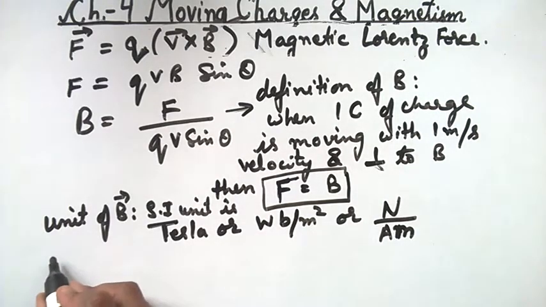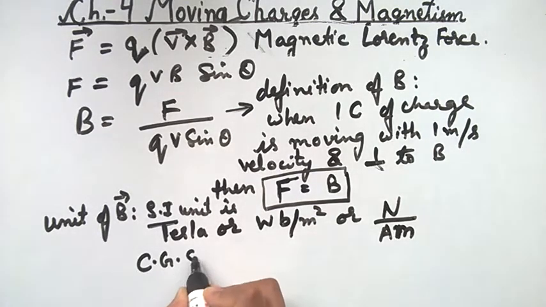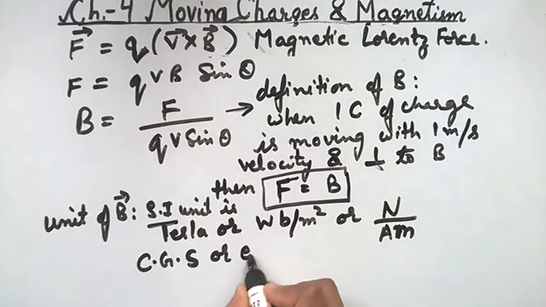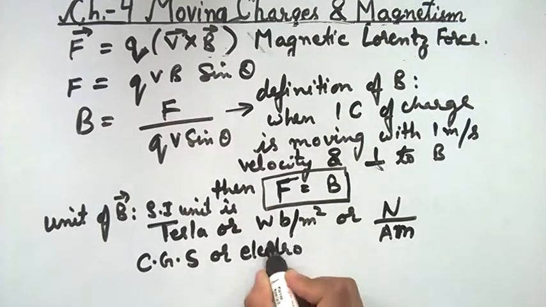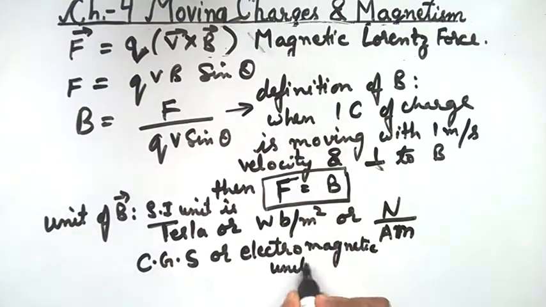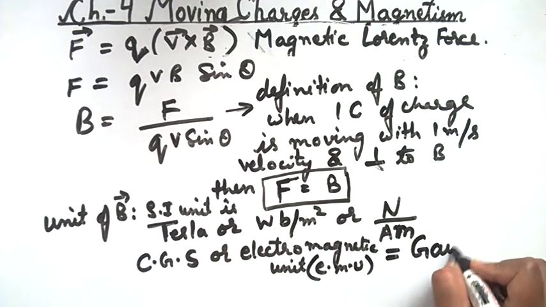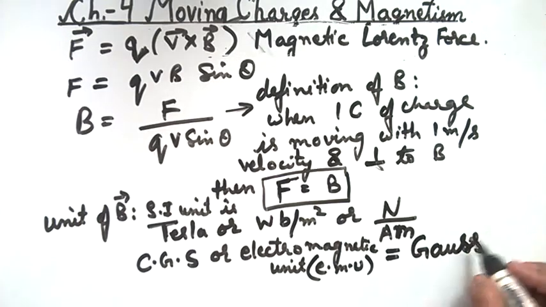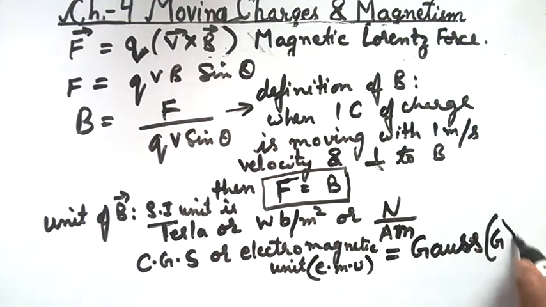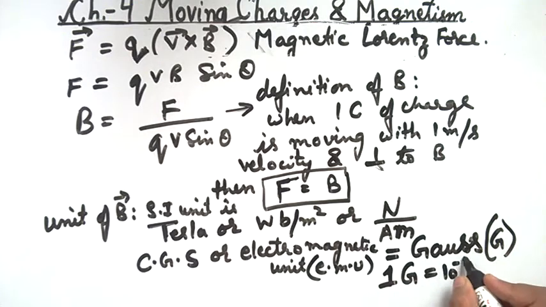CGS or EMU unit, or electromagnetic unit, that is, EMU unit is Gauss, denoted by capital G. It's a smaller unit, and 1 Gauss is equal to 10 raised to the power minus 4 Tesla.